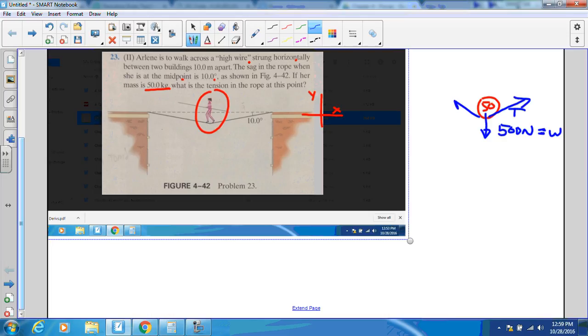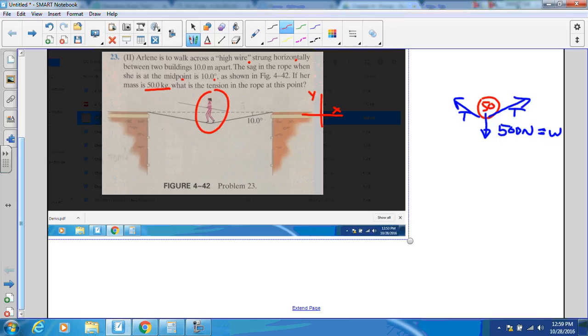In this particular case, where she's standing, the rope to her right is going to be pulling to the right, and the rope to her left is going to be pulling to the left. So she really has the benefit of two different tensions that are combining to hold her up. And that's it for forces. The free body diagram is as you see.